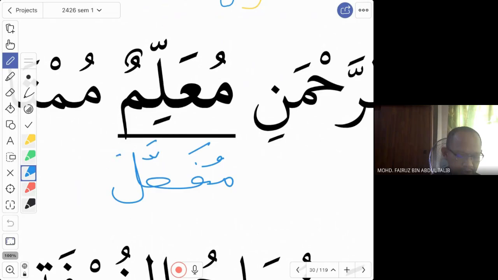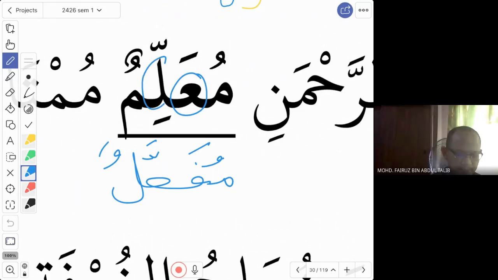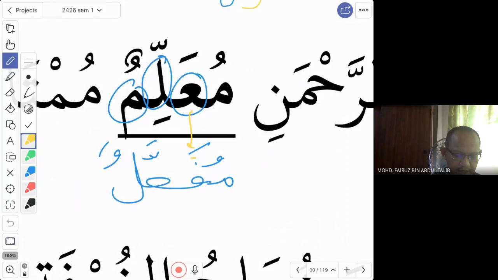So how do you know this? Again, identify the root word. The root word is ain, lam, and mim. So you match the ain, lam, mim with fa, ain, and also lam. So this is the fa, this is the ain, this is the lam. And then whatever additional letter that you have in the word, you put it into the wazan.